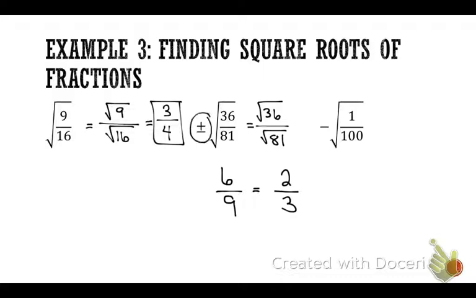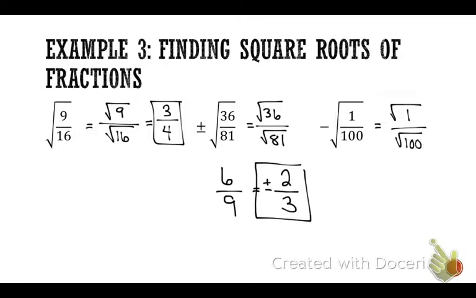And I must remember the sign that was in front of the original radical. Okay, and that's the positive negative 2/3. Okay, last one. Again, this means the square root of numerator and denominator. So the square root of 1 is 1, and 100 is 10. The only other thing I need to remember is the original sign in front of the radical. Okay, so just put that in your answer, and you are good to go.